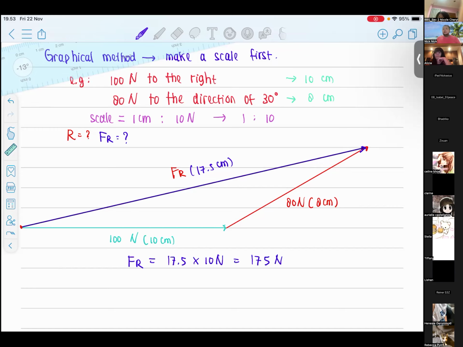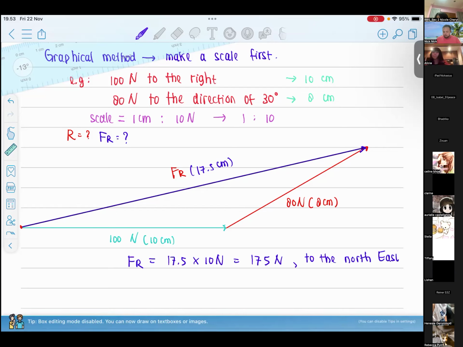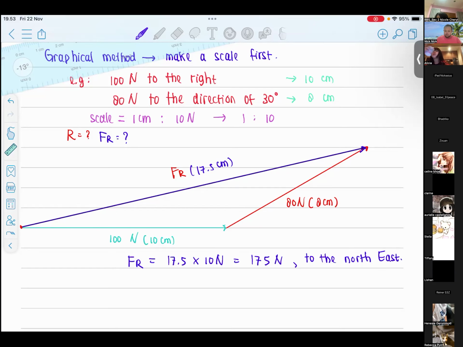Now, the direction, because you haven't learned about trigonometry in this type of question, you can say to the northeast. Do you understand? Thumbs up if you understand. Answer me, okay?